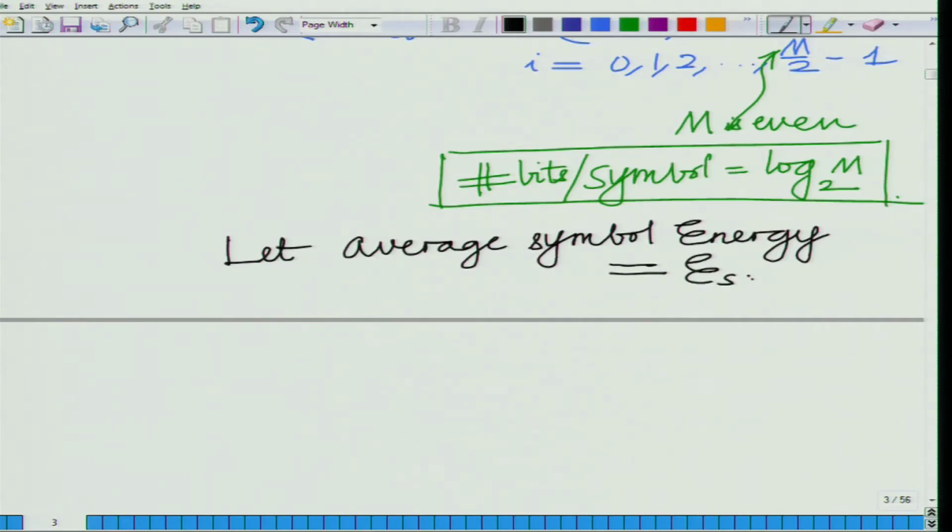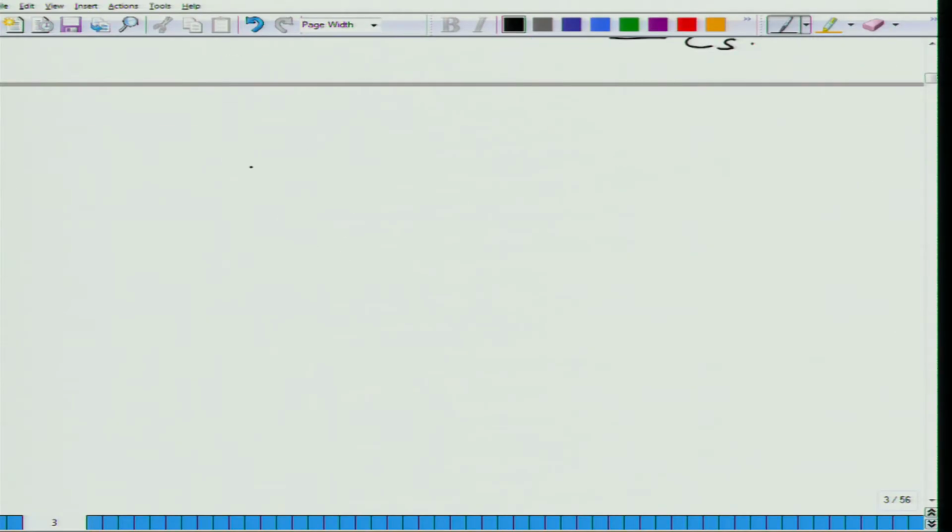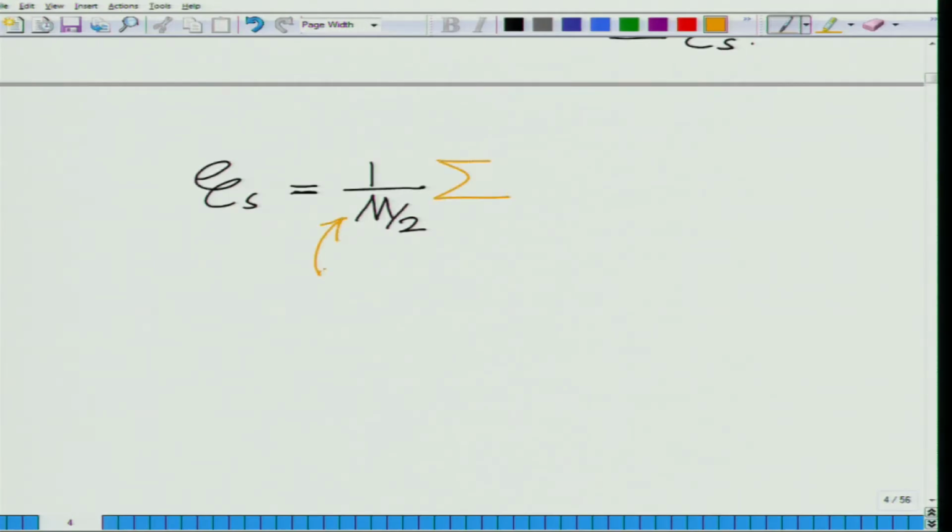By symmetry, the energy of the symbols on the right of 0 is equal to the energy of the symbols on the left of 0. So, I am only going to look at half of them, M by 2 symbols, by symmetry.